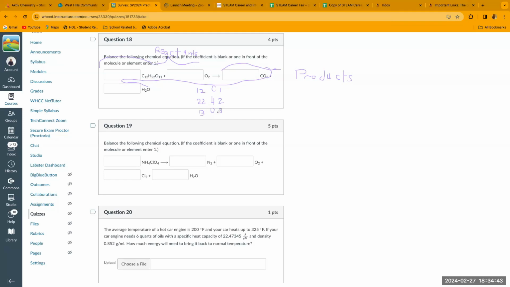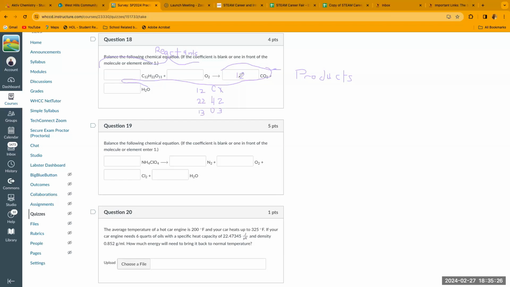Okay. So is this balanced? No. Okay. So what do we need to do to balance it? Okay. So we're going to put 12 in front of the CO2 on our product side.